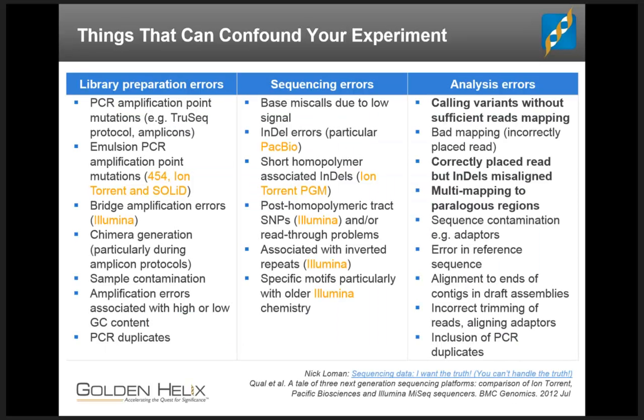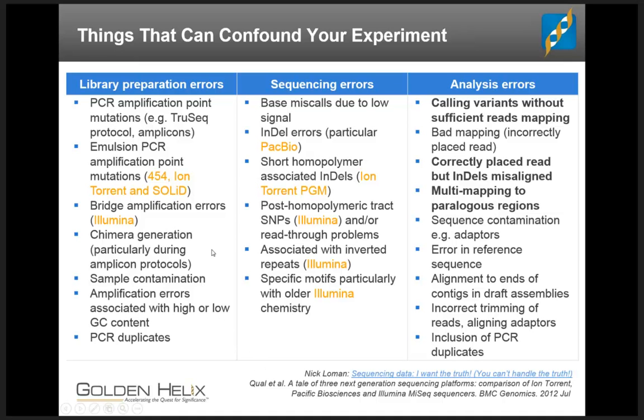Now, with this slide, I'm not going to go into too many details. I borrowed this slide from Gabe Rudy, who gave a great talk on all of the different considerations in alignment and variant calling and so on in secondary analysis. And he got a lot of this information from Nick Lohman's blog and from another paper.